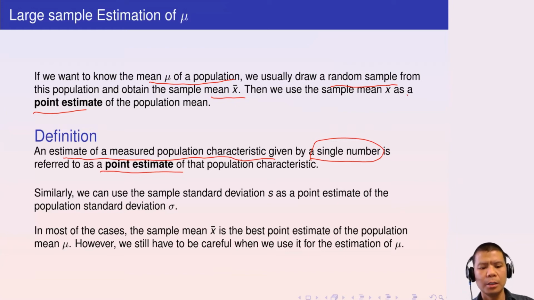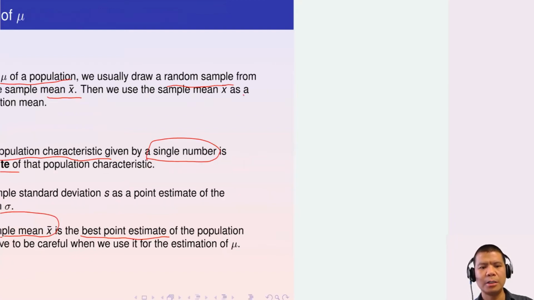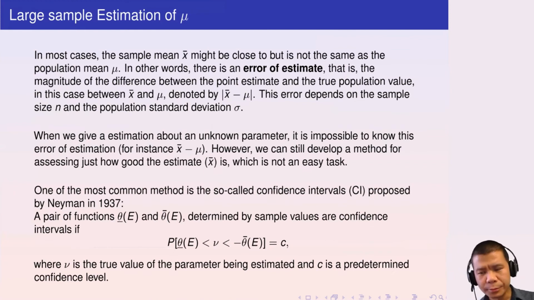In many cases, the sample mean is the best point estimate of the population mean. Now, there is a question about such point estimation: it's not going to be the exact value of the population mean.